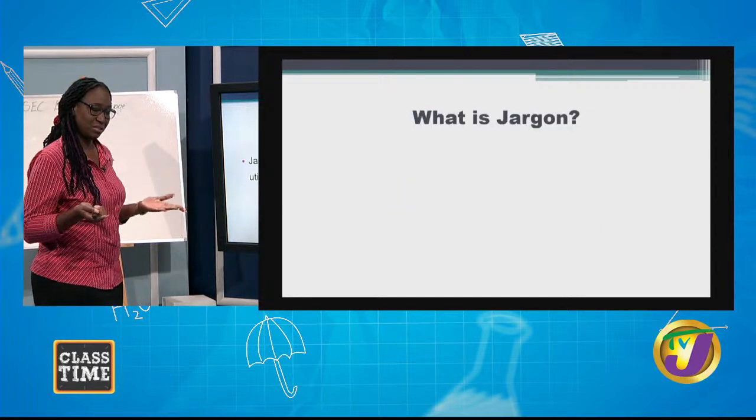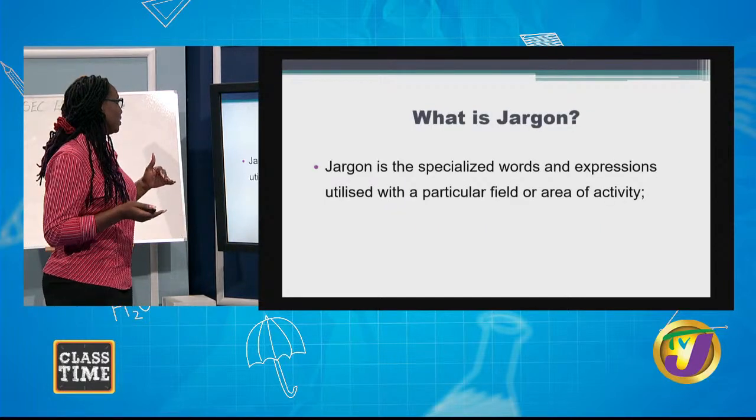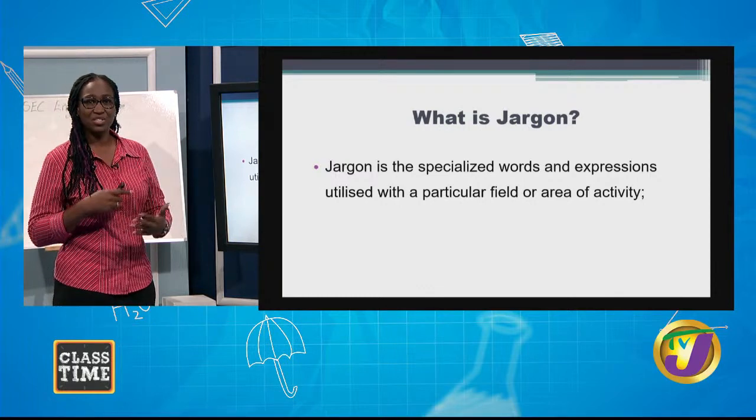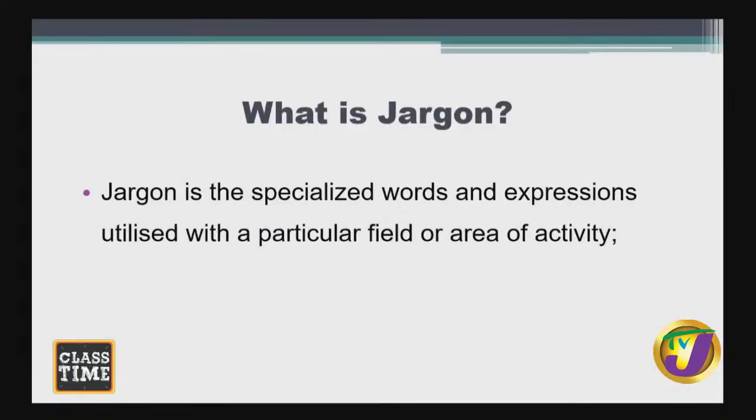So, what is it, first and foremost? Of course, it's specialized words. Specific words that are used in a specific context, right? And you will find certain jargon associated with certain fields or certain areas of activity. In the field of medicine, there are certain terms that doctors and nurses and medical practitioners will use.